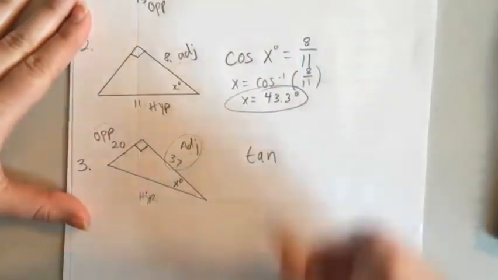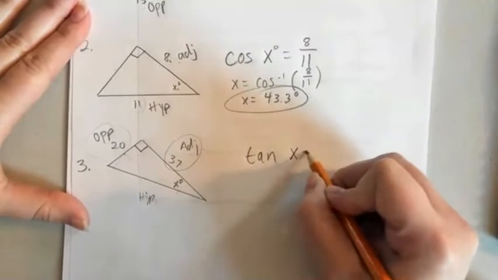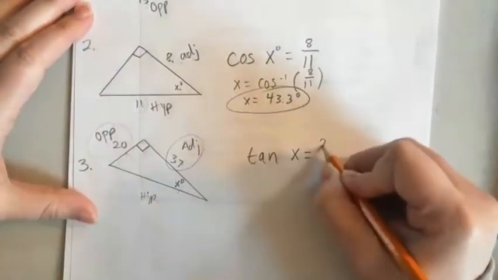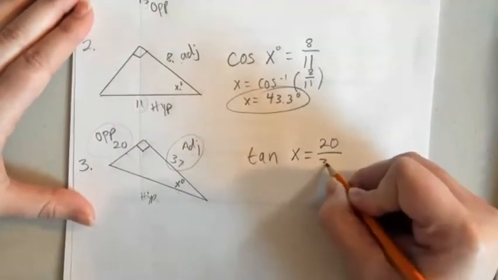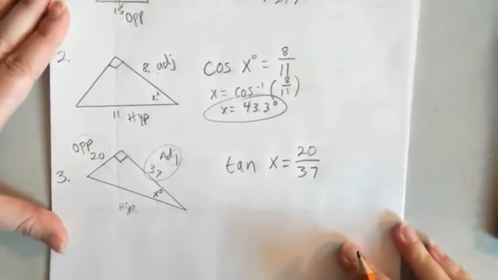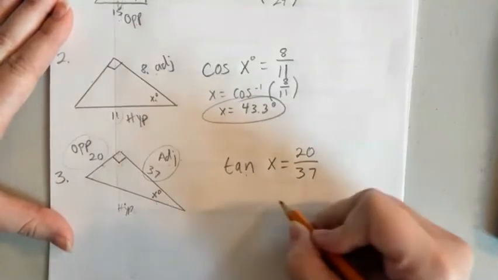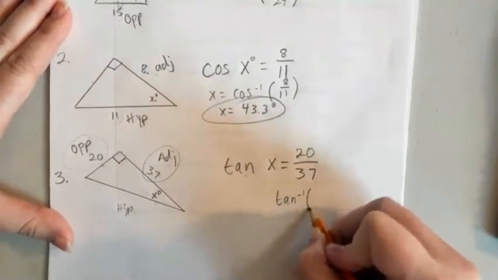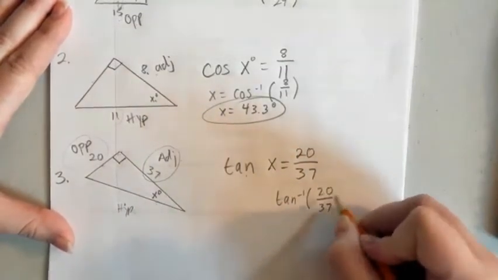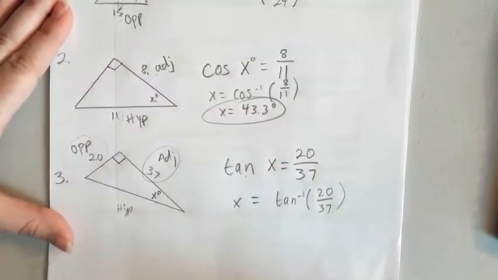So I'm going to do tangent of my angle equals opposite 20 over adjacent 37. I need to get rid of tangent, so I'm going to do tangent inverse of 20 over 37. That's what x is equal to.